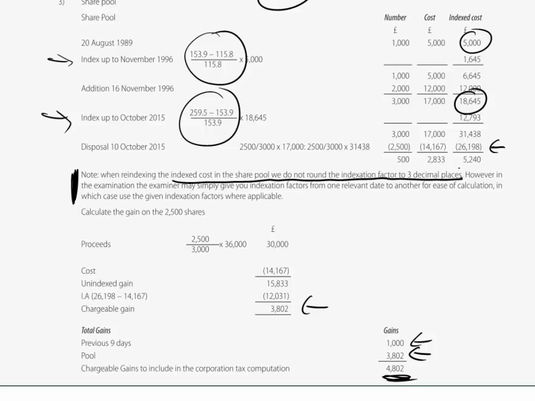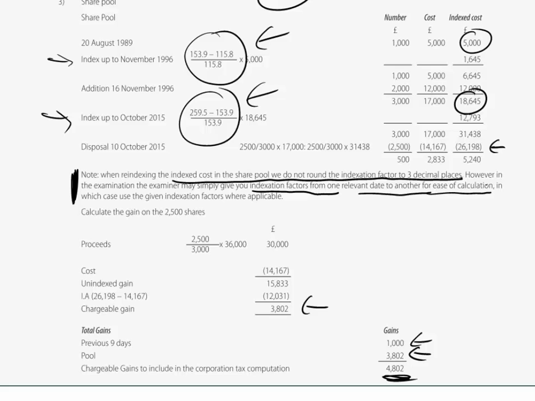not to make life more difficult, but to actually help you, is that rather than just giving you the RPIs and you do these workings here, that are not difficult, they just take time, what he might do is to give you indexation factors from one relevant date through to another for ease of calculation.